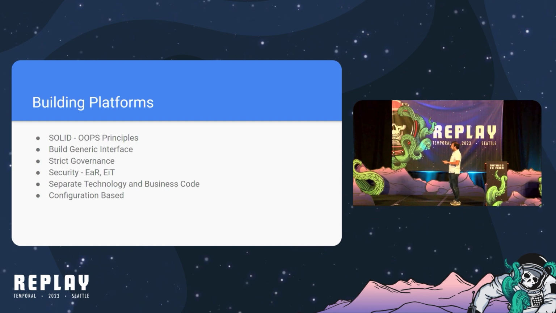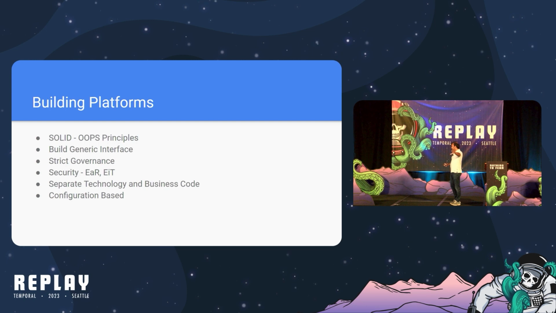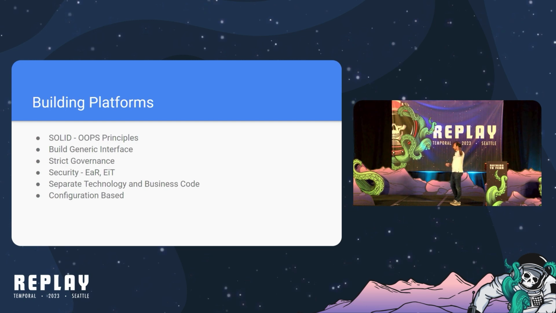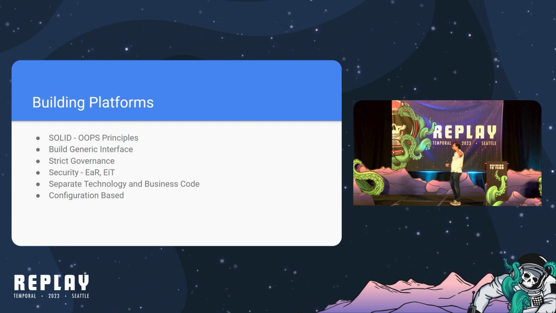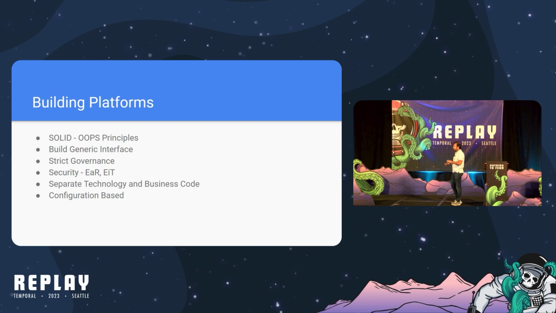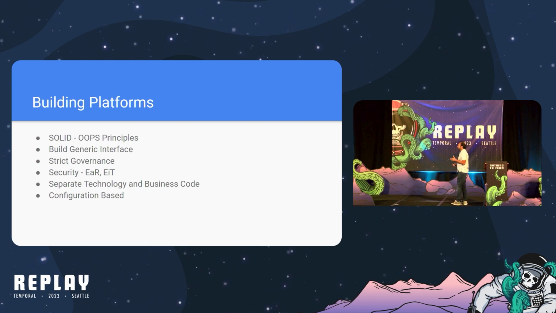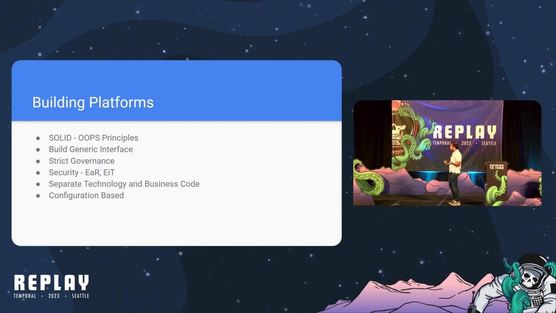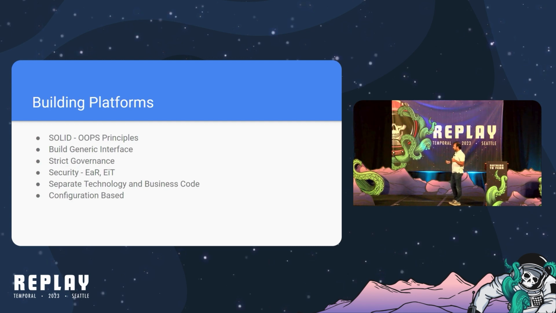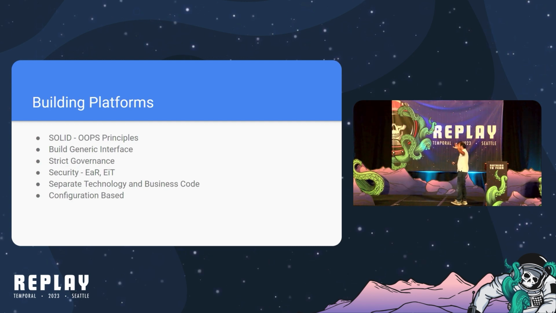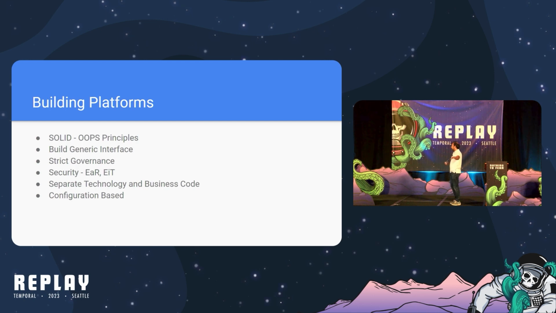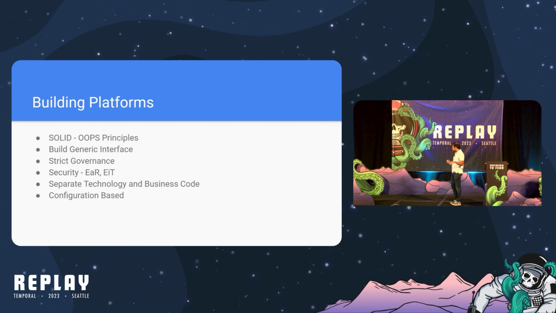And obviously, the North Star of every platform is that they want to be a configuration-based platform. Like someone comes in and writes some kind of YAML, and they should be able to onboard. But that's not how you start building your platform, because that is hard. If you shoot for your North Star from day one, it's not going to work out, and it's going to be complex to build and design.